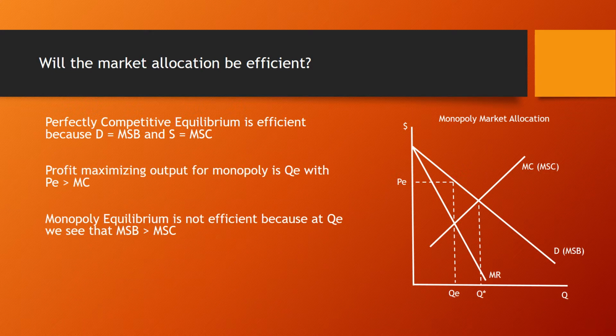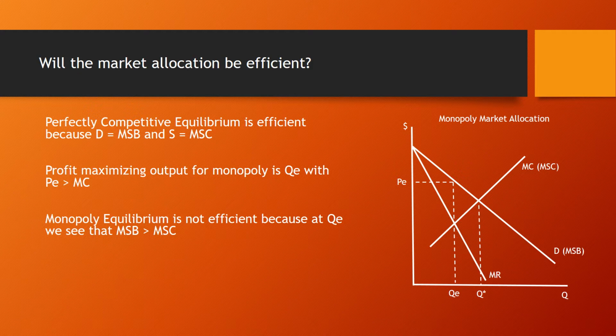Well, what about if the market is a monopoly market? Here we see a model of the monopoly market allocation. It turns out that the monopoly equilibrium is QE and the price is PE. Again, assuming demand equals marginal social benefit, and in this case, that marginal cost of production, MC, is also the marginal social cost, then notice at the equilibrium quantity QE for the monopoly, marginal social benefit is greater than marginal social cost.